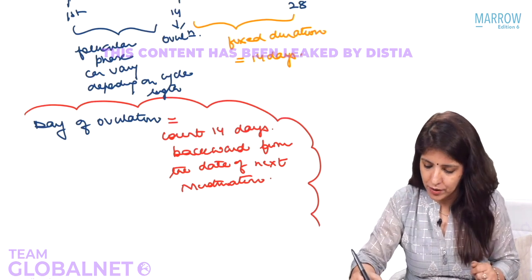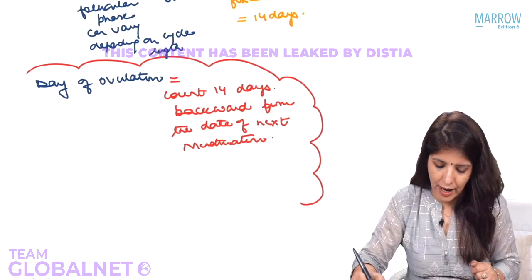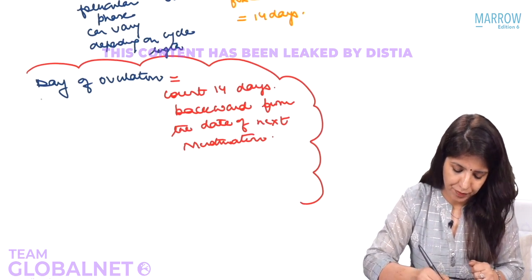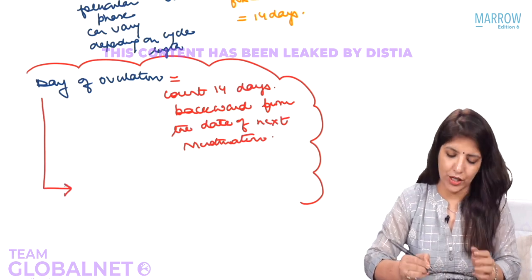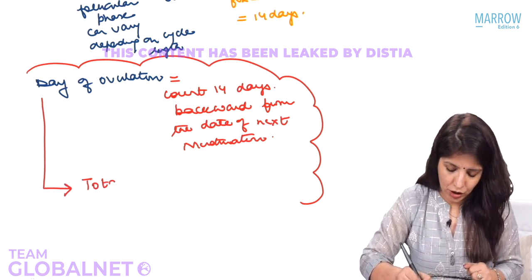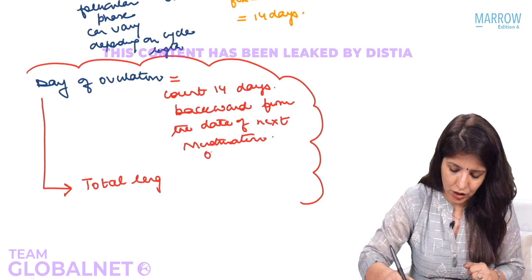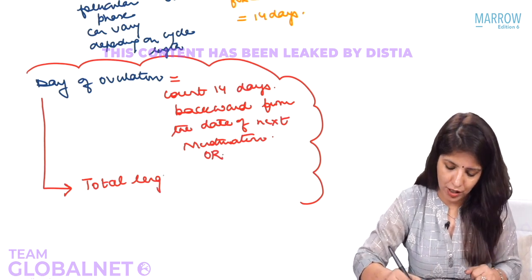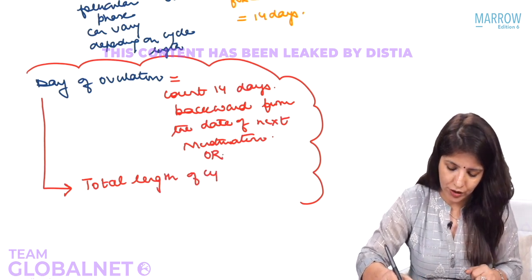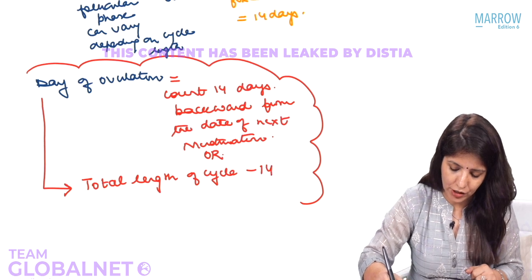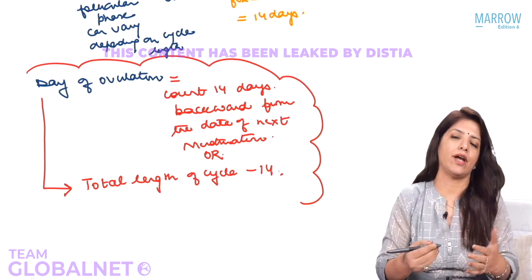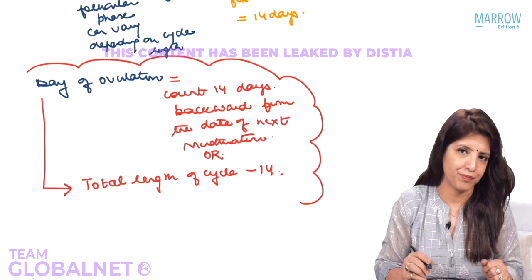In other words, I can also say that the day of ovulation is the total length of the cycle, you minus 14 and you get the day of ovulation, right?